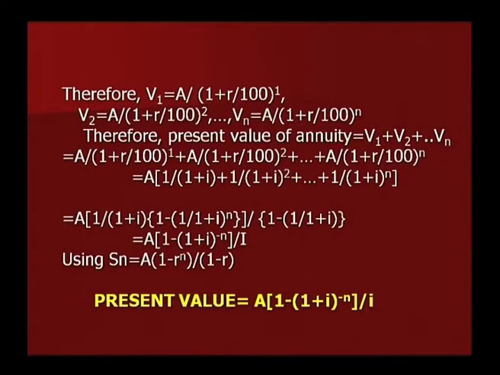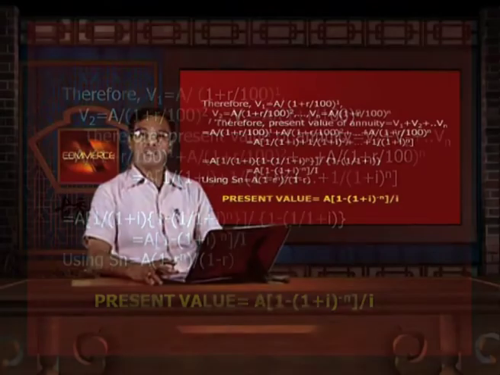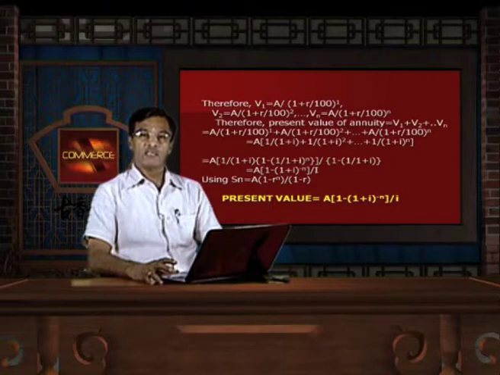The amounts here A1, A2, An are calculated as equal amount A. So, I replace A1, A2, An by A in this calculation, and we have used the formula Sn = a(1 - r^n)/(1 - r), that is the sum of a geometric progression of n terms when the common ratio is less than 1.